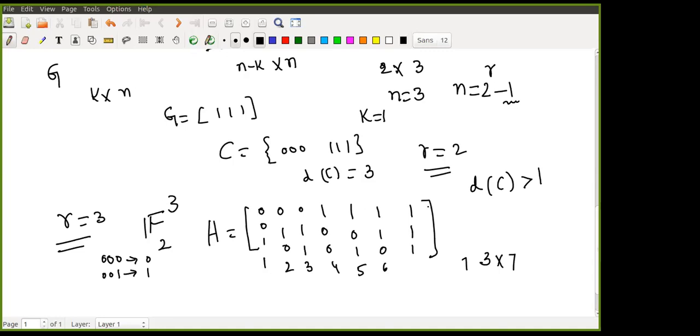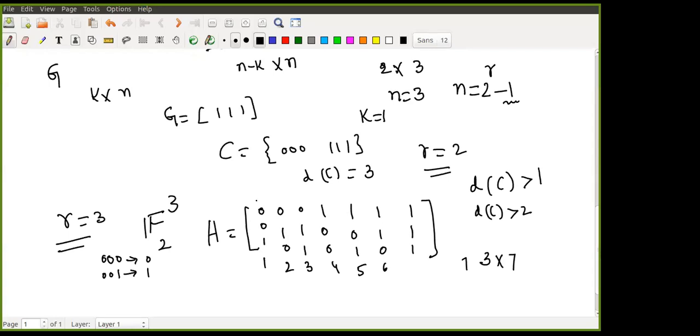So the distance of the code is greater than 2. Now, are any 3 columns linearly independent? If so, then the distance of the code is greater than 3. But what is happening?